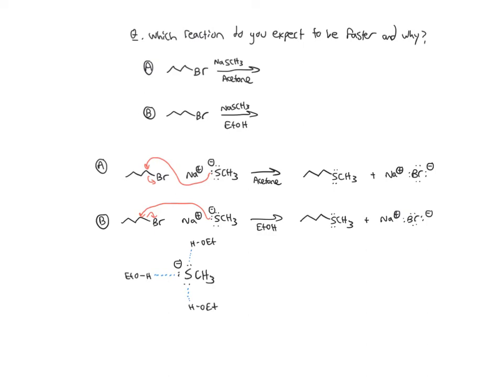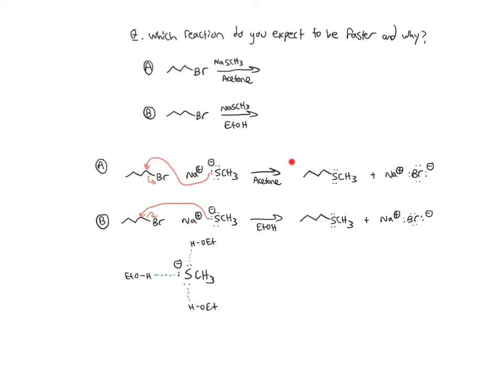And so that nucleophile is going to have a hard time reaching the electrophile, because it's interacting and it's kind of taking away from that nucleophilic component. It's getting in its way. It's affecting one of the components that is important for the rate of the reaction. And so that solvent is actually going to slow that reaction down. And so B is going to be the slower reaction.